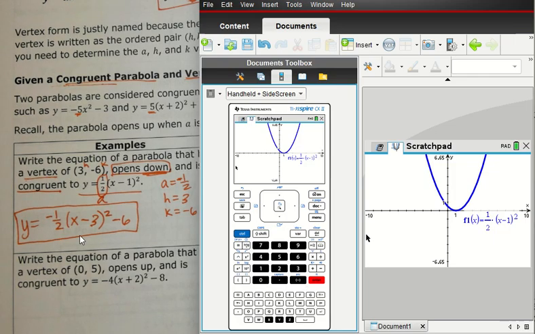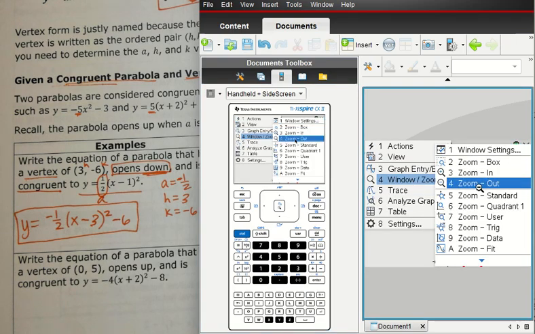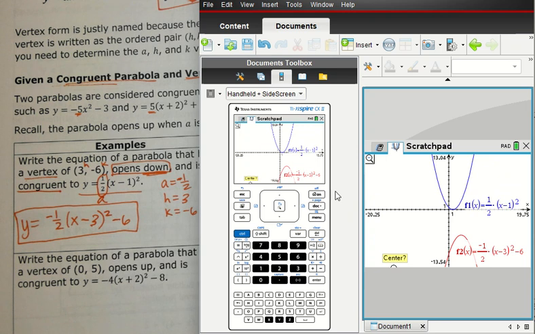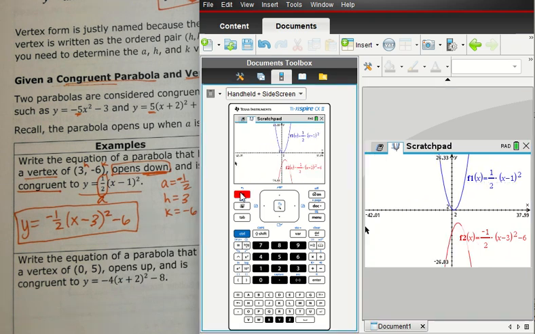Then we're going to have the one we typed, -1/2 times x minus 3 squared minus 6. Since you can barely see it, I'm going to zoom out. So you notice that they're exactly the same width, just one's up and the other one's down. And this is the one we created.